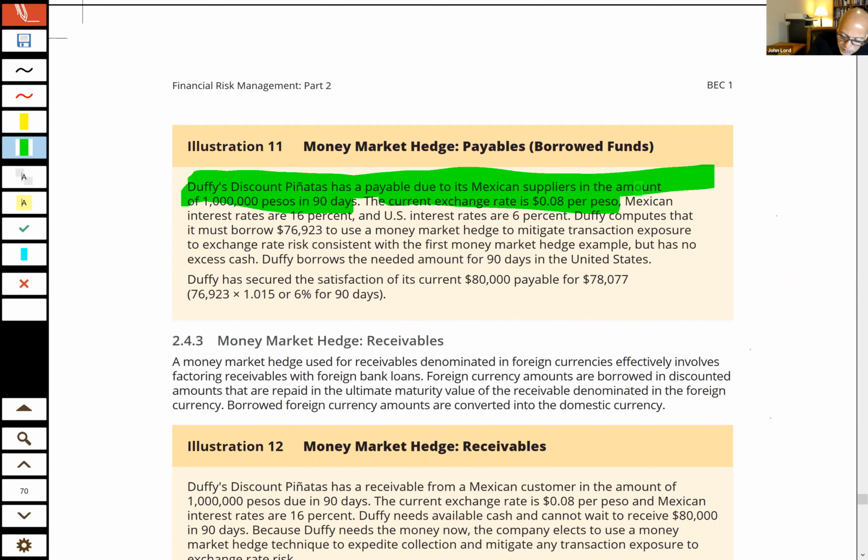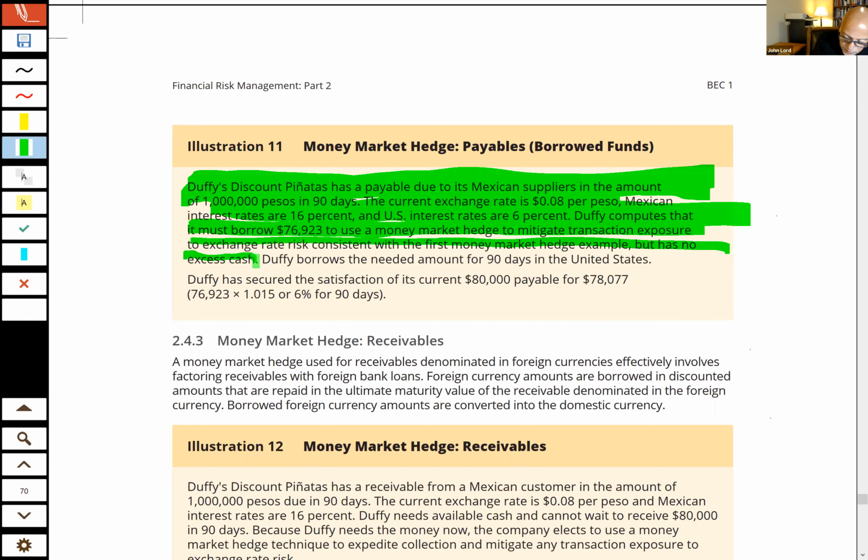Mexican interest rates are 16% and US interest rates are 6%. Duffy computes it must borrow 76,923 to use a money market hedge to mitigate the transaction exposure. That came from the previous question, guys. That's how we came up with that 76,923 to exchange rate risk, consistent with the first money market hedge example, but has no excess cash.